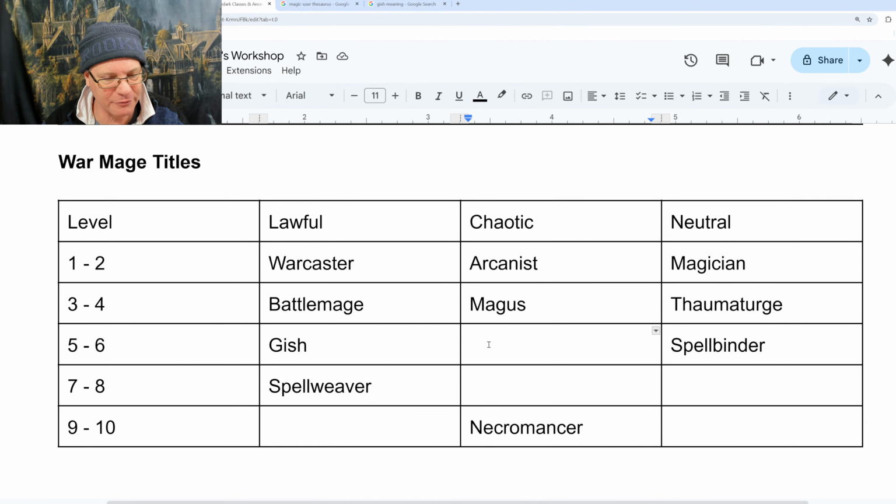We can probably get away with Mystic. Mystic, I guess. 1, 2, 3, 4. We had Spellweaver.